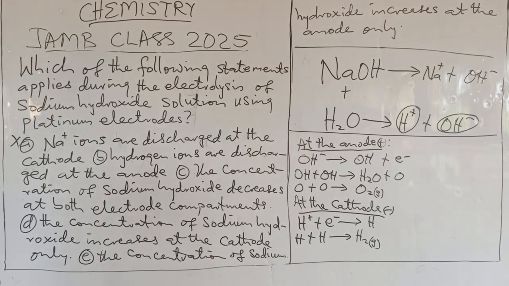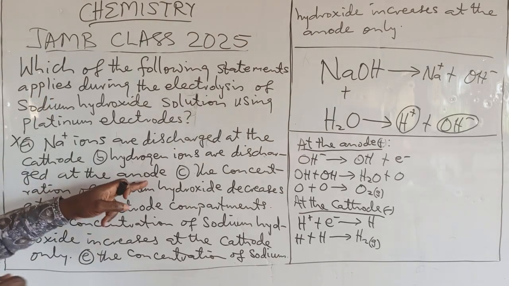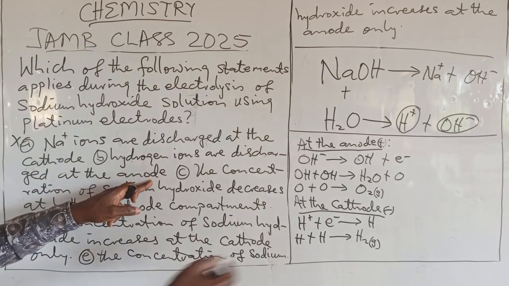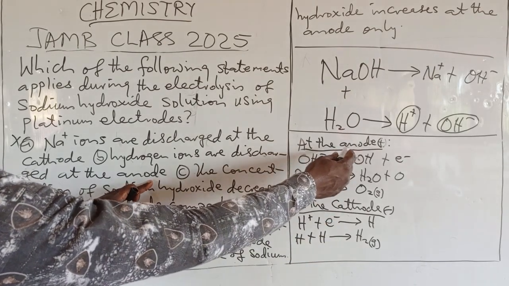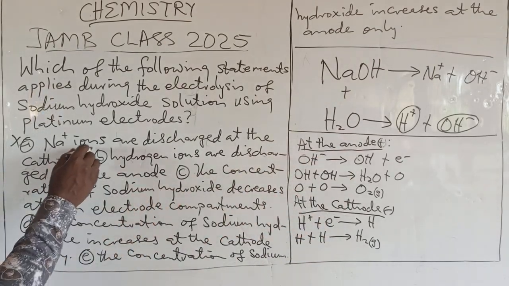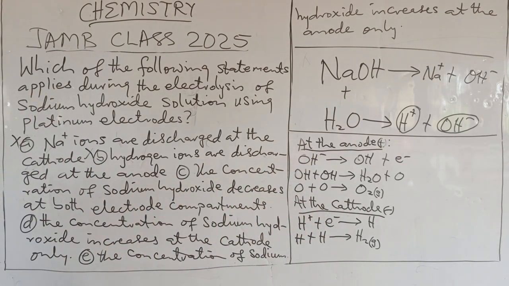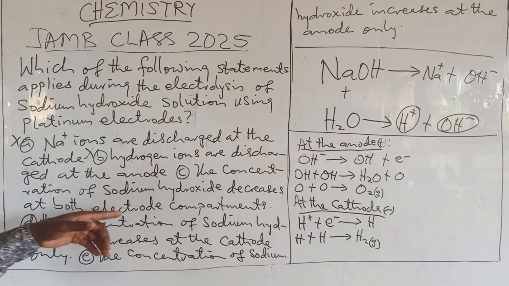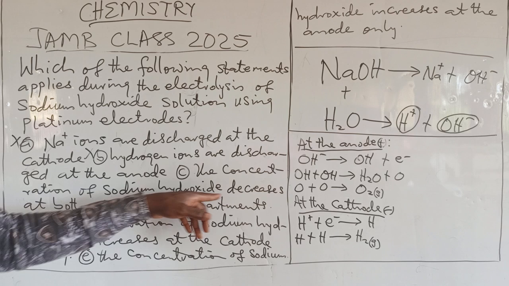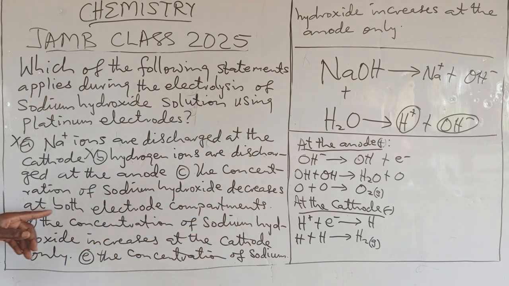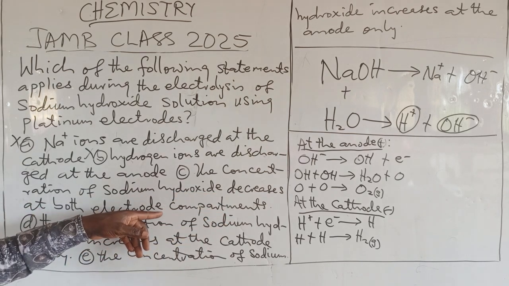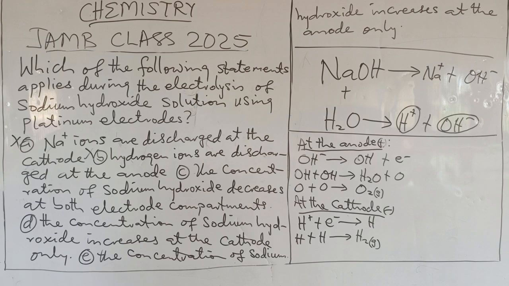B, hydrogen ions are discharged at where? Anode. Is it hydrogen? No, so B is not correct either. C, the concentration of sodium hydroxide decreases at both electrode compartments. No.